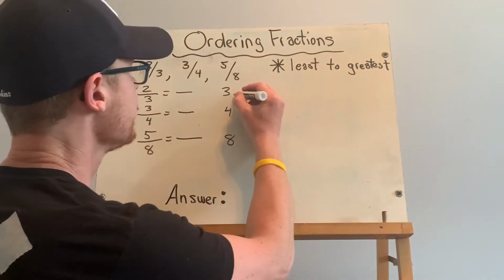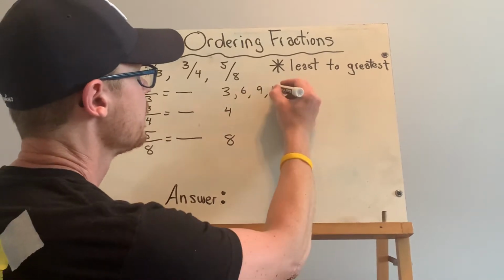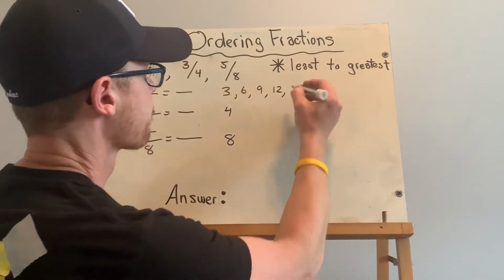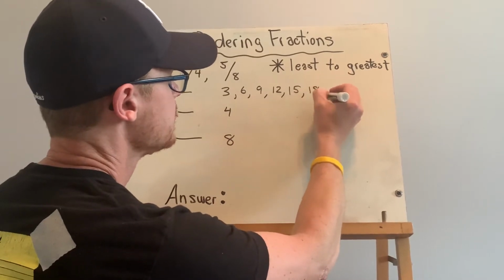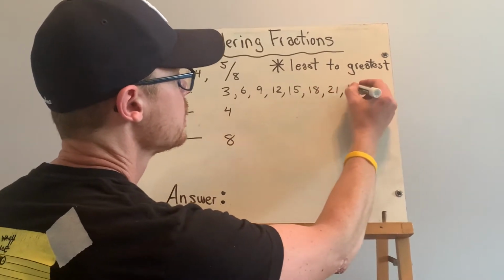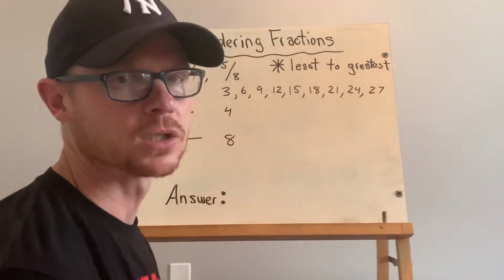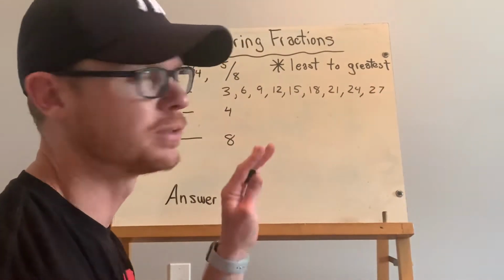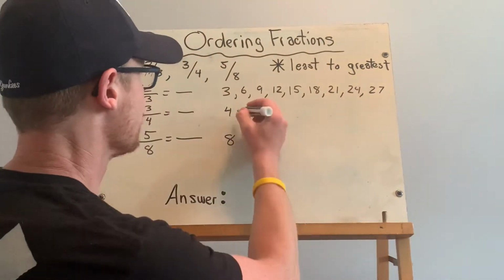So multiples of 3 I know are 3, 6, 9, 12, 15, 18, 21, 24, and 27. I'm just going to pause right there because I don't know yet. So I'll give them the first 8 or 10. All right, so let's do multiples of 4.